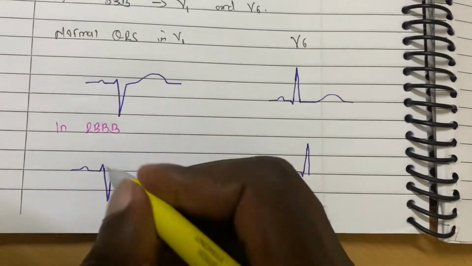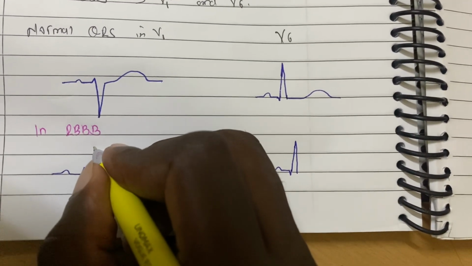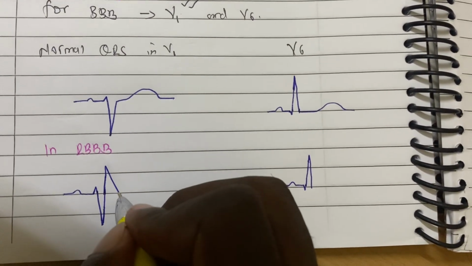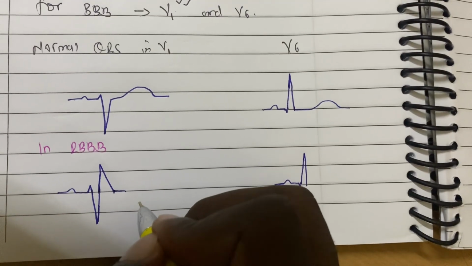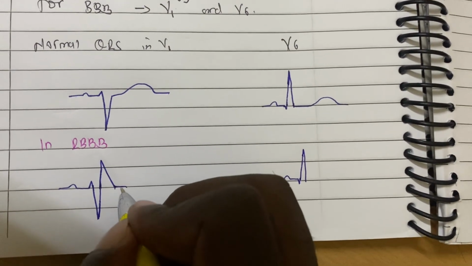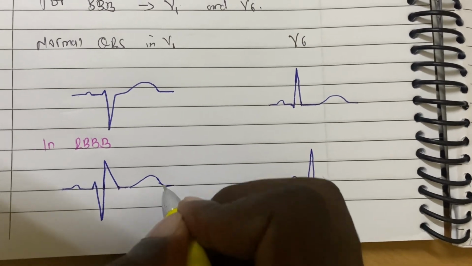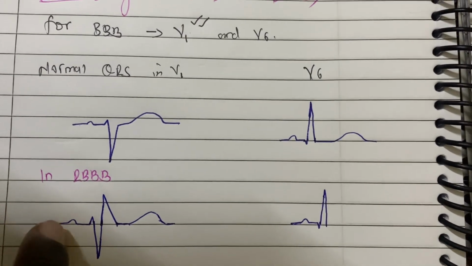So slow conduction is indicated as a wide wave, very wide. And now the next can be T wave inversions, ST depression, but here I can leave it as normal. That is for RBBB. And now for V1.